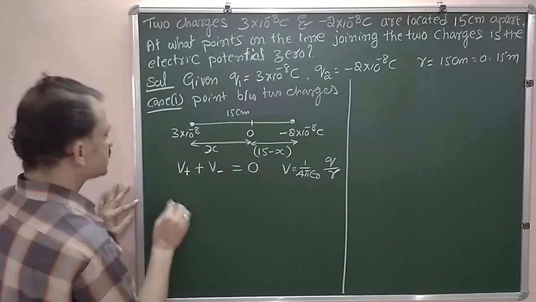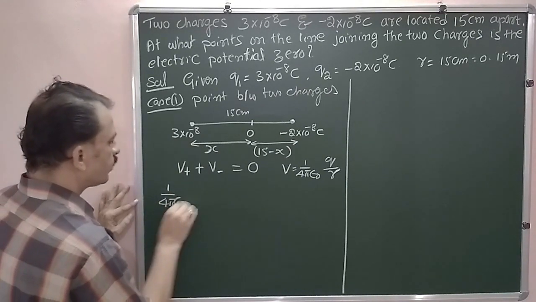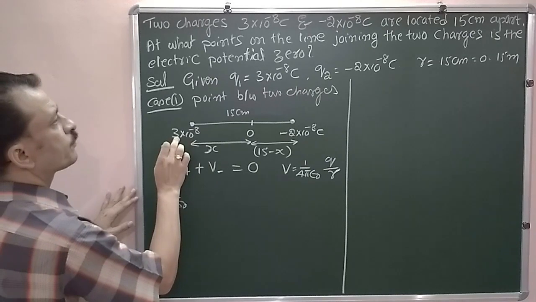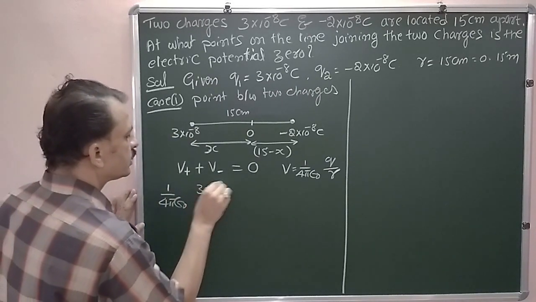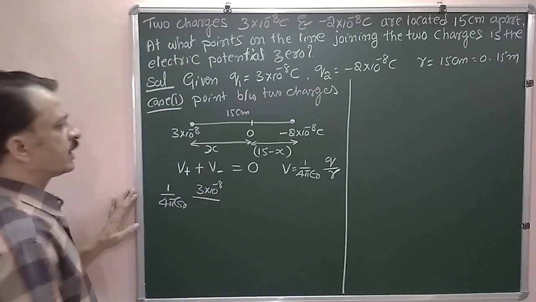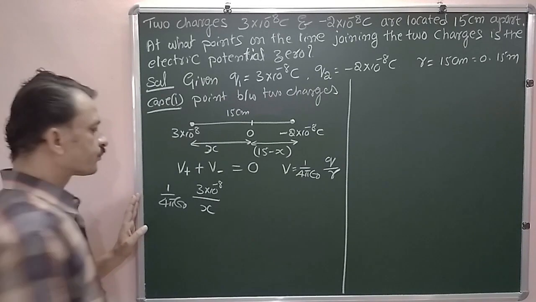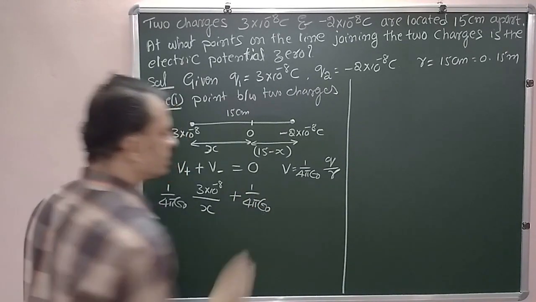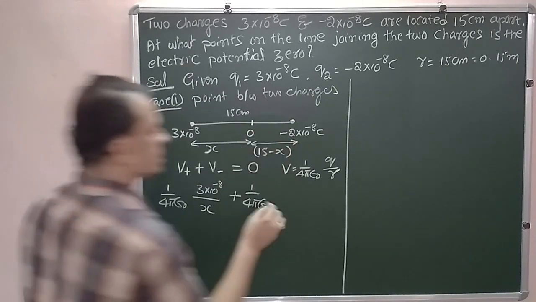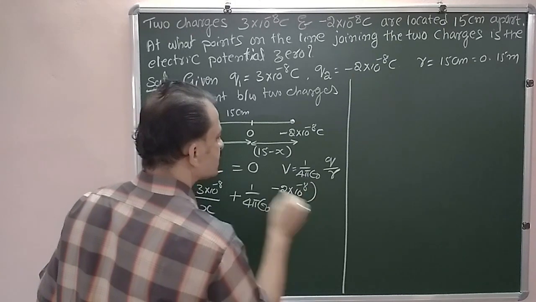For the positive charge, I will write it as 1 divided by 4 pi epsilon naught into 3 into 10 to the power of minus 8 divided by its distance, x, plus 1 divided by 4 pi epsilon naught into the negative charge, minus 2 into 10 to the power of minus 8.